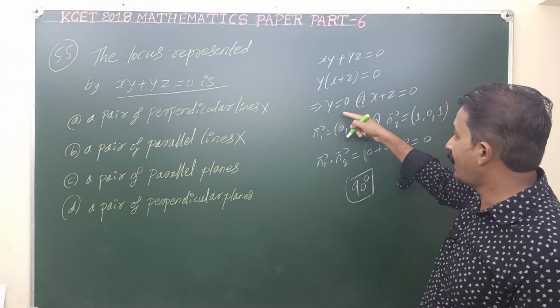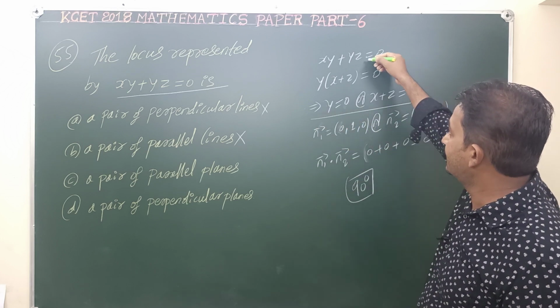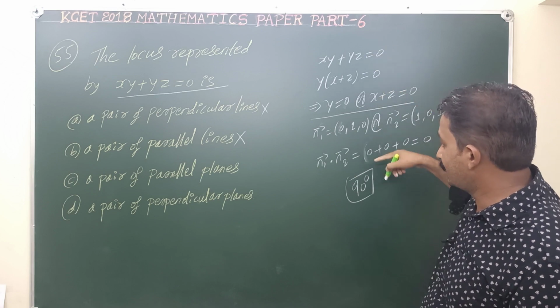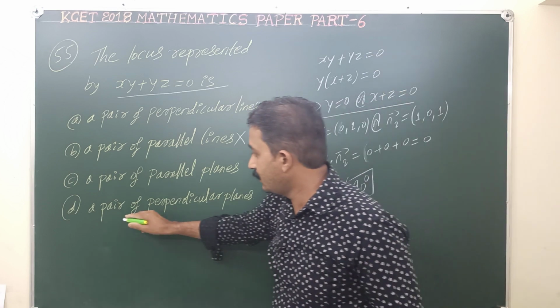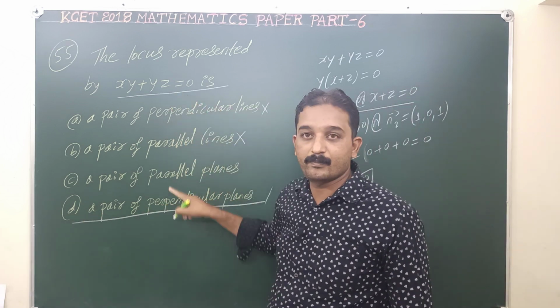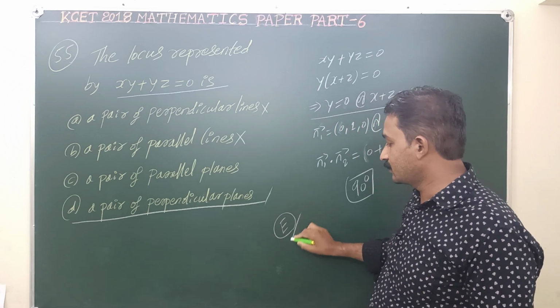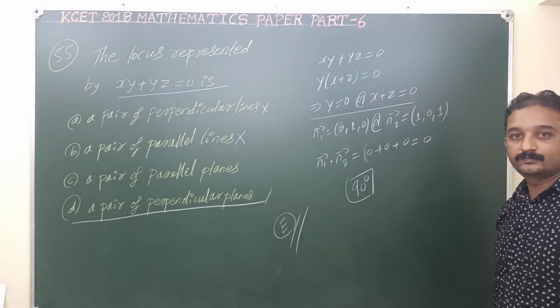So this is equal to the angle between the planes. So here planes are obtained. This is a pair of planes, and those planes are perpendicular. So the answer is a pair of perpendicular planes. So, easy question. Most of the students solve this question easily. Take down.